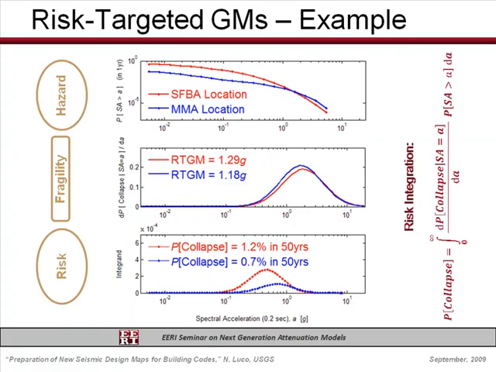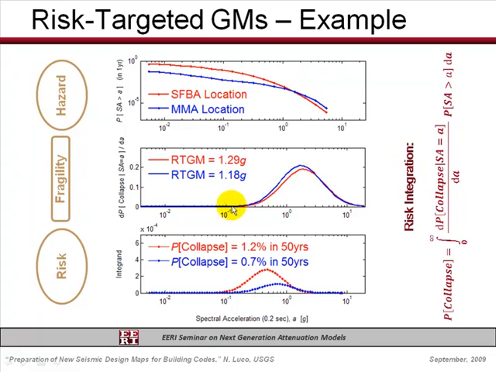And so I'll show this sort of graphically here. This top level shows the hazard curves again, that we showed earlier for San Francisco and Memphis. So it's this part of the risk integral. This middle part shows actually the derivative of the fragility curve.